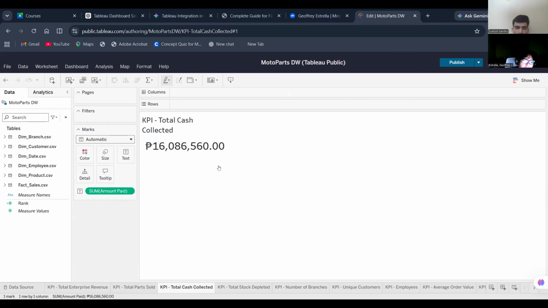So this is the total cash collected, and our branches safely logged and finalized 16,086,560, the same as the enterprise revenue. And next is the total stock depleted, calculated as per invoice, giving us the strategic benchmark of 15,026. The number of branches is 10.